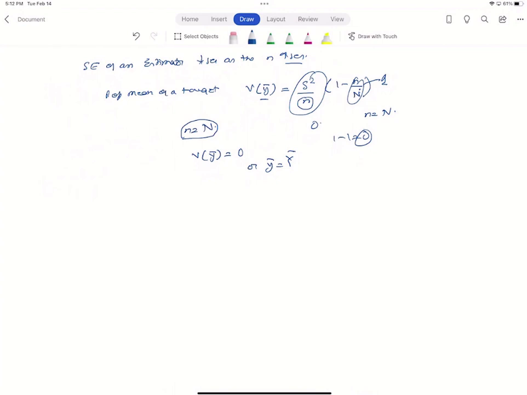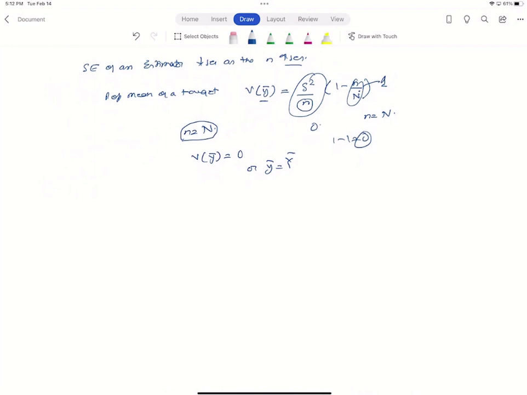So we have to select an optimal sample size, and for this we need to know what is the maximum level of error that is acceptable for the estimate. This is called the margin of error.